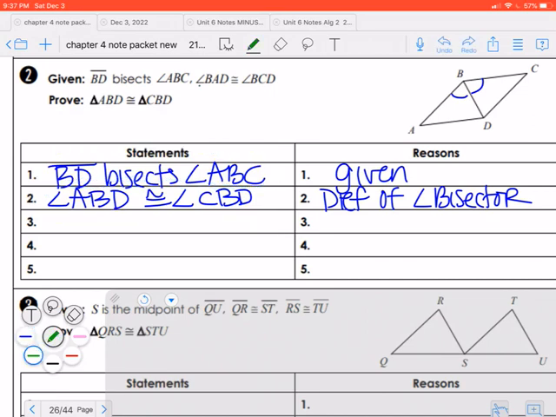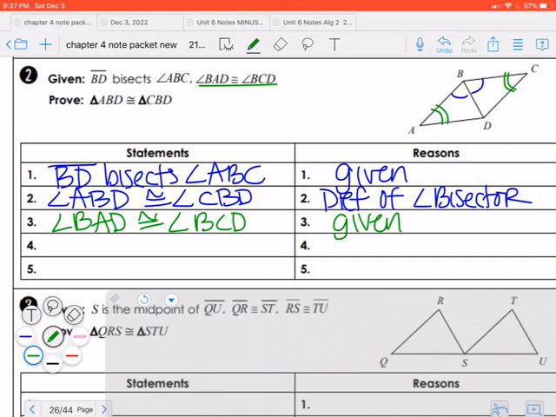We do have another given, so let's list that one next. Angle BAD is congruent to angle BCD. BAD is this guy, congruent to BCD, that guy. So they're marked on my diagram. Got to write that the reason is given.